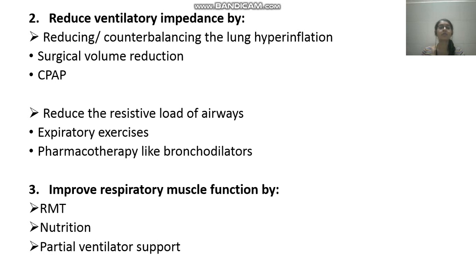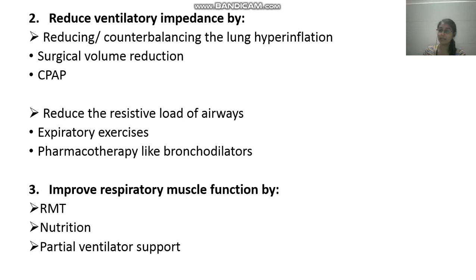You can even use bronchodilators, which will help to relax the bronchospasm, or else we can also use mucolytics if the cause of narrowing of the airways is not bronchospasm but mucus accumulation. So you can just add that here. The other cause of dyspnea we saw is reduction in respiratory muscle function or respiratory muscle wasting.